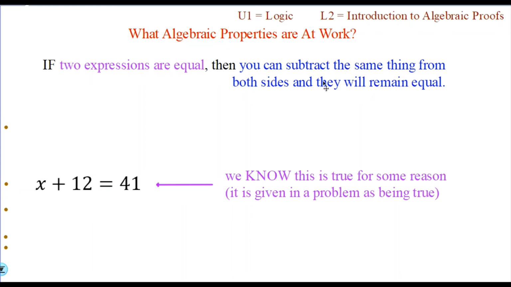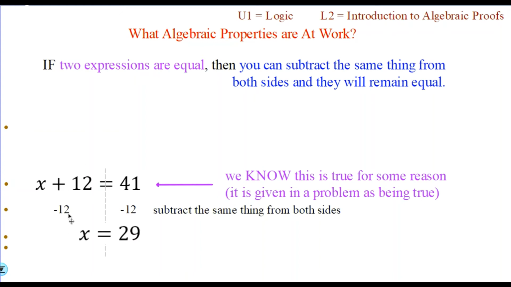If we do it to both sides, then these 2 expressions will maintain the equality, will maintain that balance. So around the equal sign, subtract 12 from this side, subtract 12 from this side, we have x. We're subtracting 12 and adding 12 on the left-hand side. So that leaves us with just plain old x on the left-hand side. That's why we did it, to get rid of that 12.